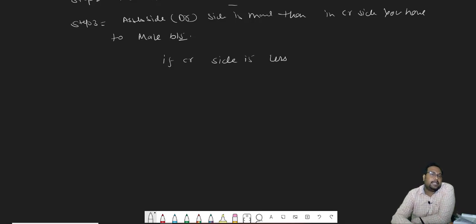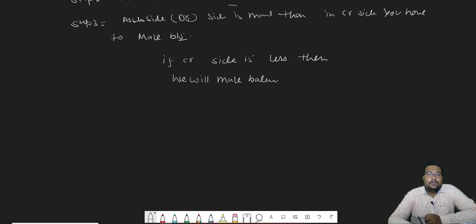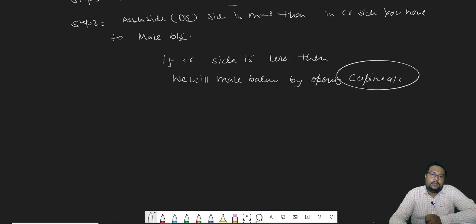If the credit side is less, then we will make the balance by opening capital account.